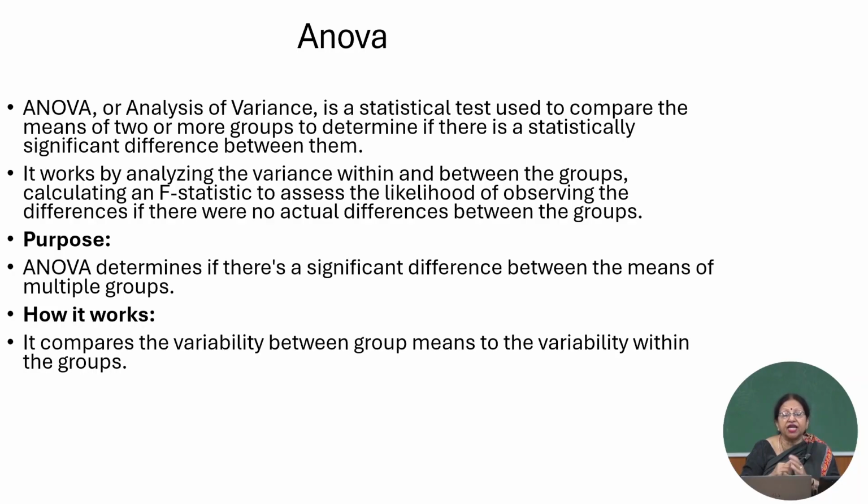It works by analyzing the variance within and between the groups, calculating the F statistic to assess the likelihood of observing any difference, or whether they are the same and there is actually no difference between the two groups. So this way we are safeguarding our hypothesis testing and our claims that it is the same, it is not the same, it is better, it is not better, and so on.